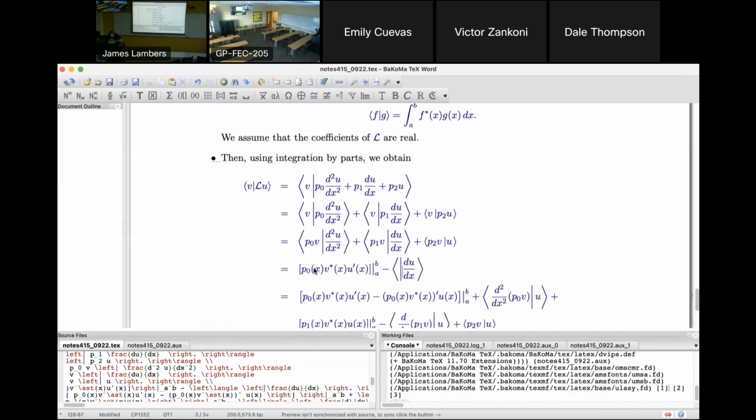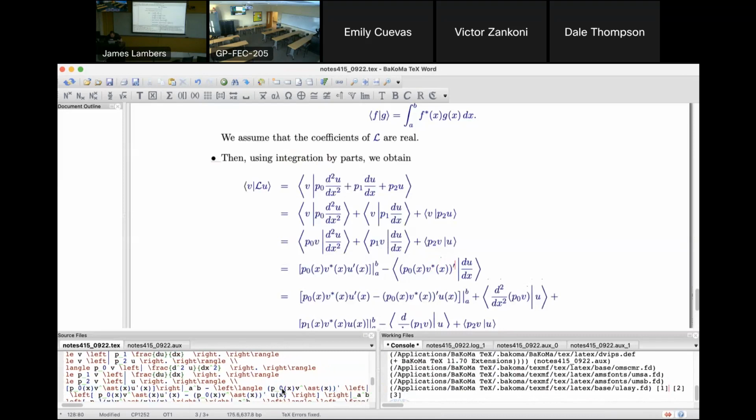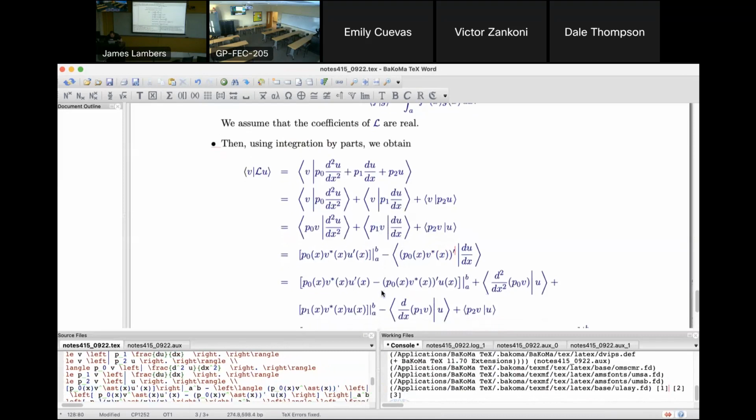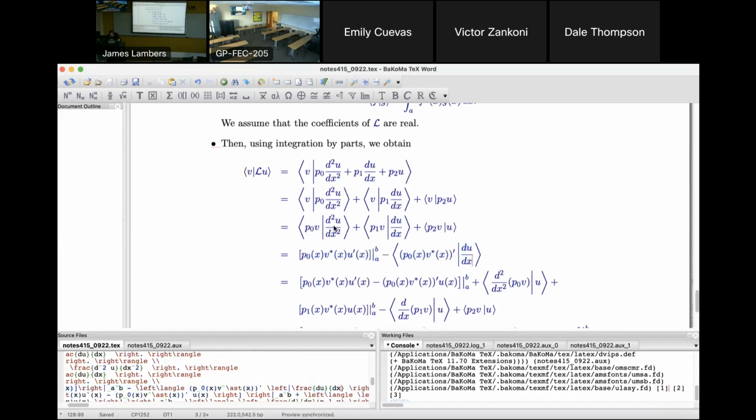And then I'm going to have the derivative of this. That's going to be P0 conjugate prime. Okay. So this comes from applying integration by parts just once to this. So far I've only covered this.